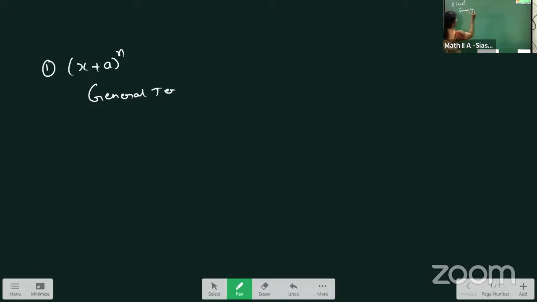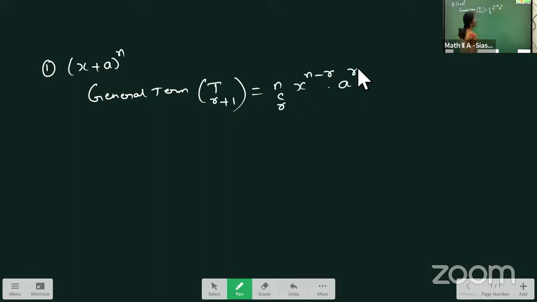The general term formula T(r+1) is equal to nCr x to the power n minus r into a to the power r. Here n is the power of the given expansion, x is the first term of the given expansion and a is the second term of the given expansion. While solving the question, we will be using this general term concept.